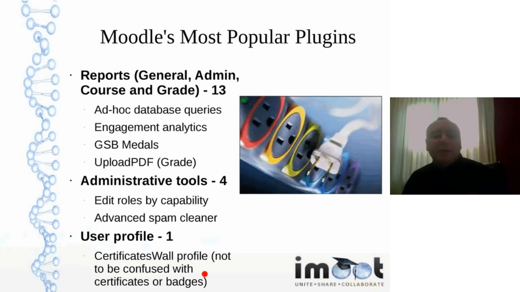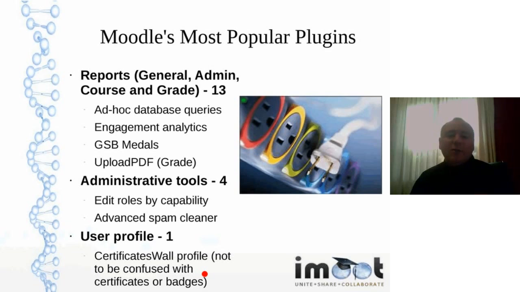Getting information out of Moodle is sometimes a challenge, especially where people have needs that aren't addressed automatically and they don't have the coding background to write a custom report. There are currently 13 custom reports, and there are general reports and admin reports and course reports and grade reports.